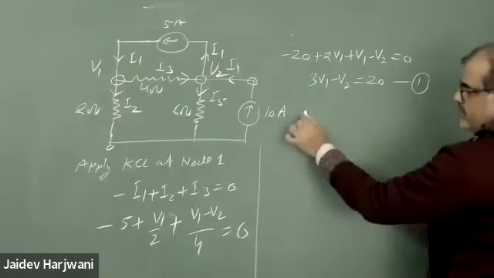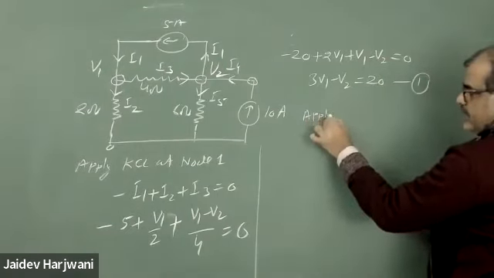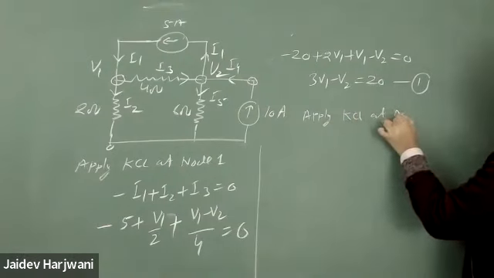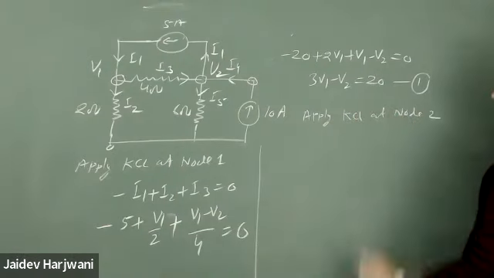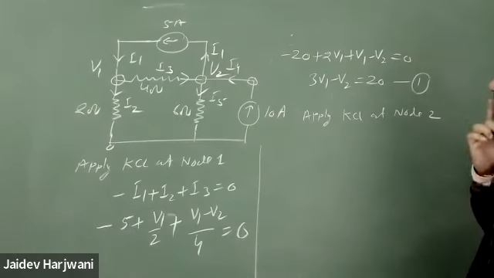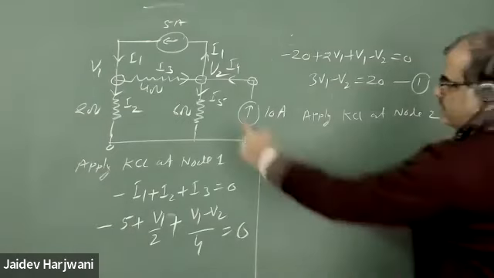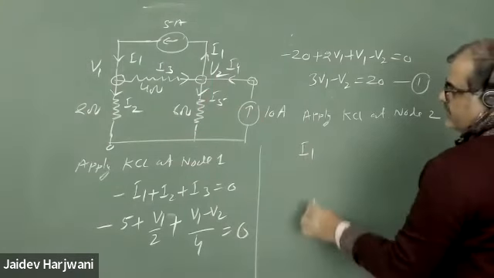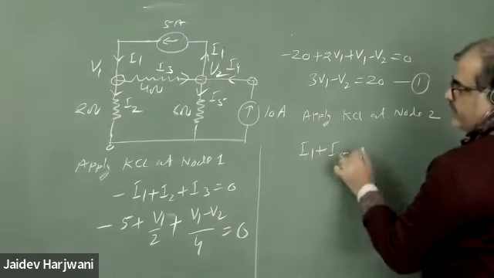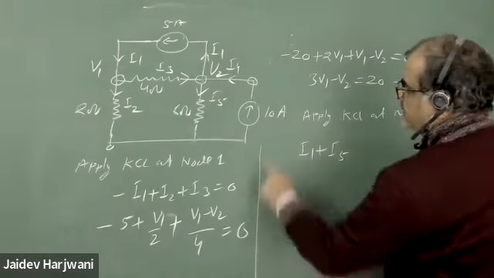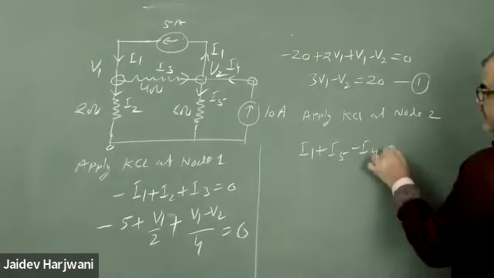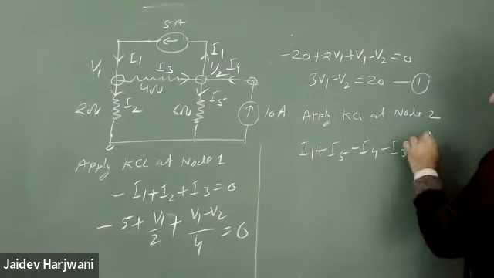Apply KCL at node 2. Okay, so if I apply KCL at node 2, we have 4 currents here. Outgoing current positive, so I1 positive, I5 positive. Incoming current is I4, negative, and I3 is incoming current, so I3 is negative. You can put 0.